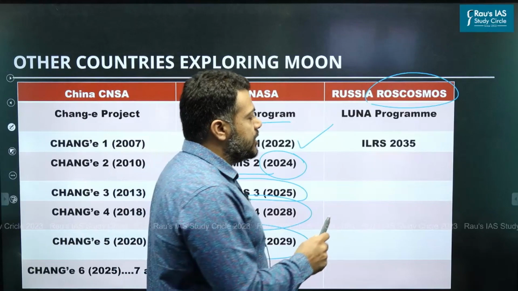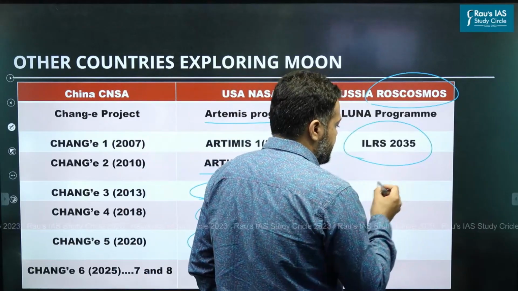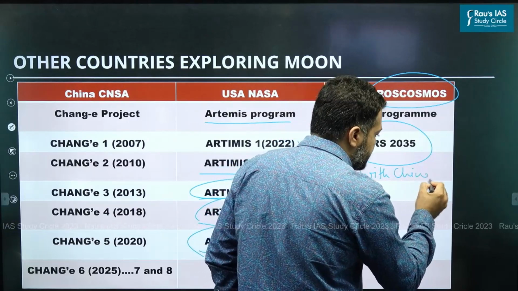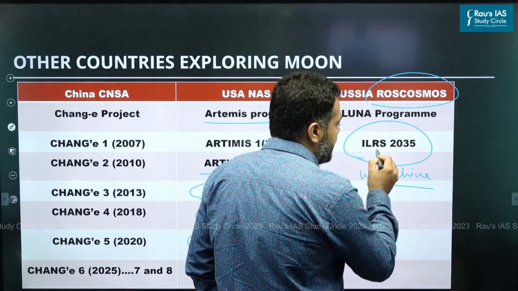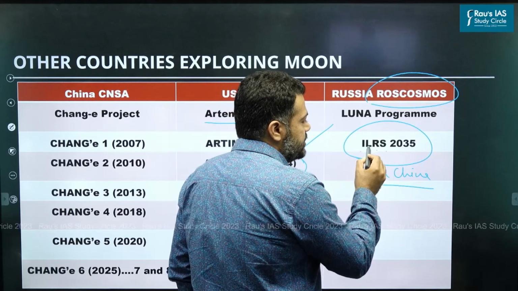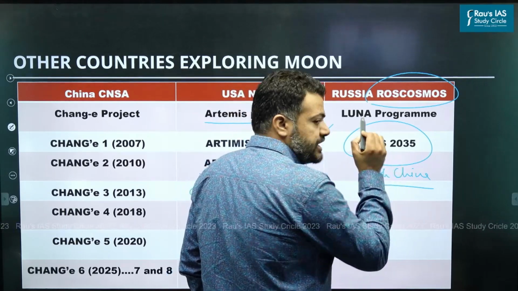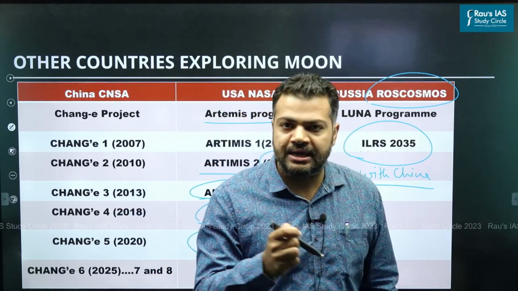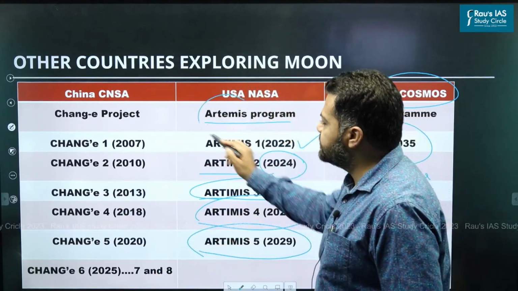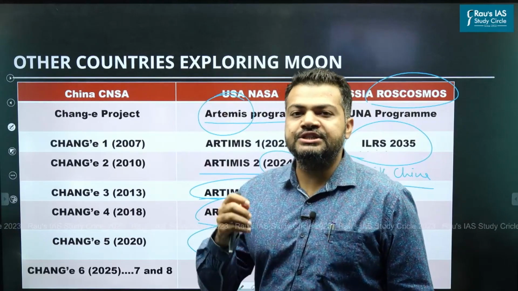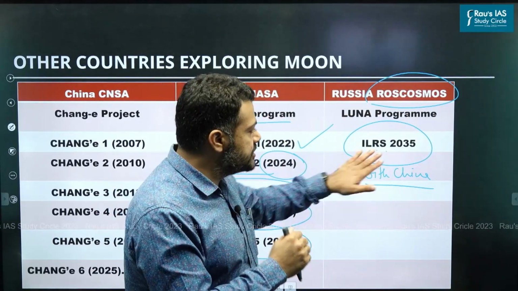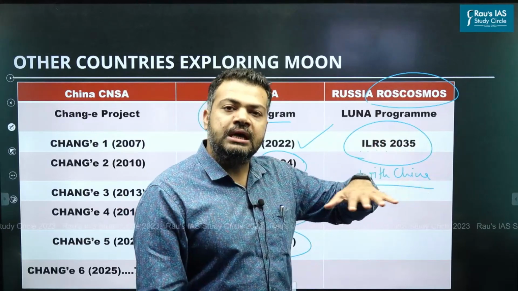Although Russia already has a joint venture with China. They have already signed a joint venture with China. It is called ILRS, the International Lunar Research Station. So Russia has already signed an agreement with China. It is considered to be against the Artemis program, as Russia and China together may try to set up a research station on the lunar surface.